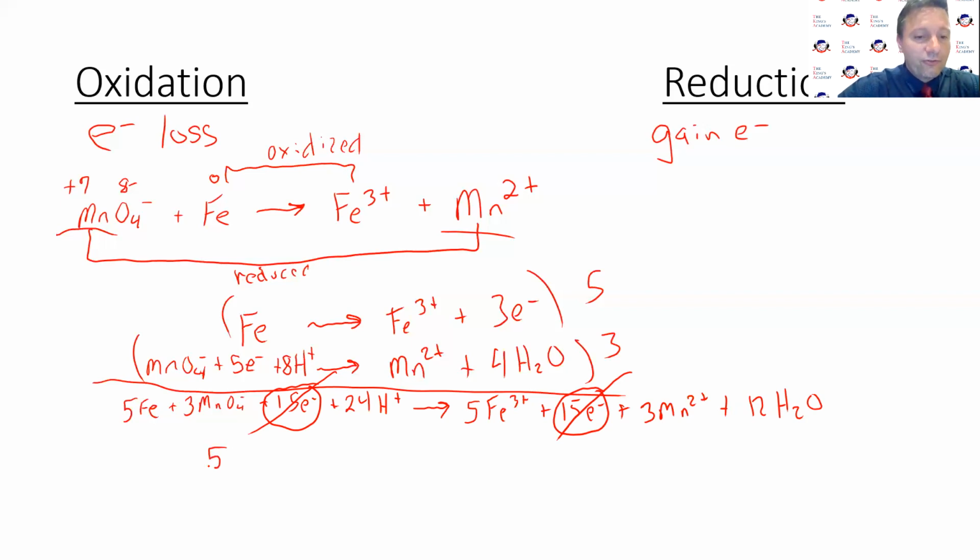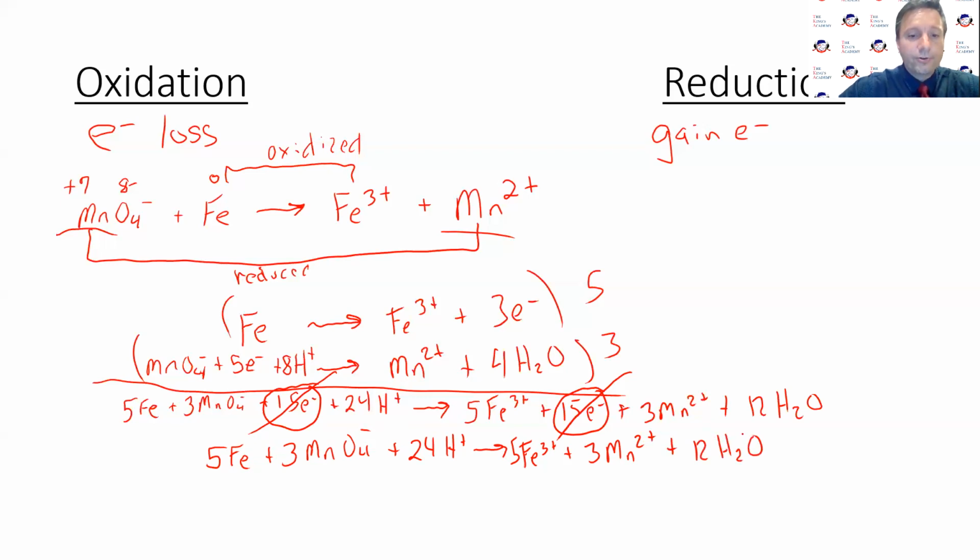So I'm going to go 5 Fe plus 3 manganese oxide plus 24 H+ reacts to form 5Fe3+, 3Mn2+, 12 water.